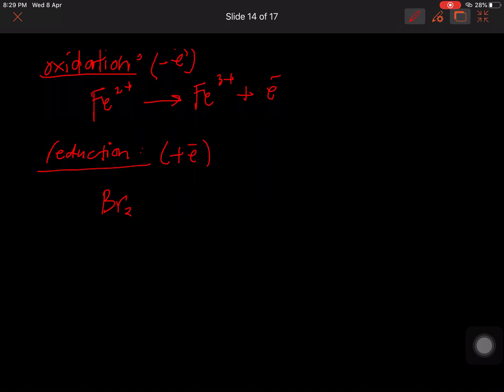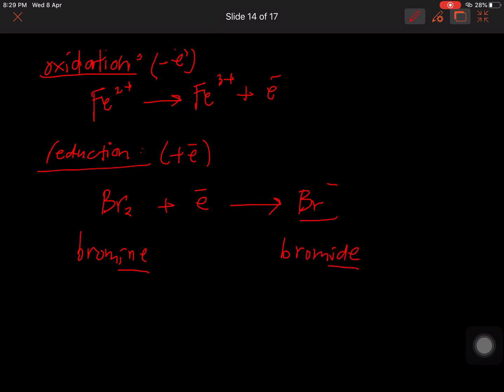Okay, gain electron to form, of course, from bromine molecule it will form Br- bromide ion. Ni yang tadi sebut salah. This one is bromine, because it is in the form of molecule. While this one, sebab dia adalah ion, so kita panggil dia as bromide.